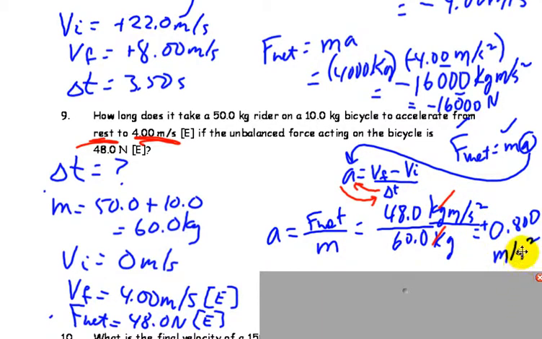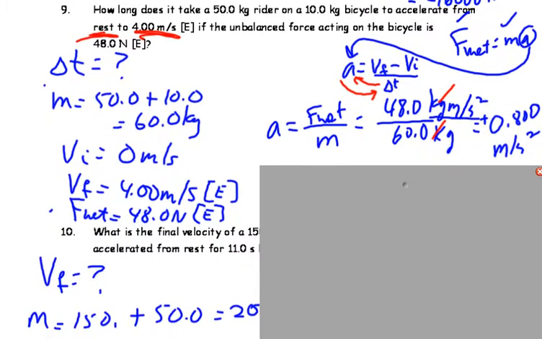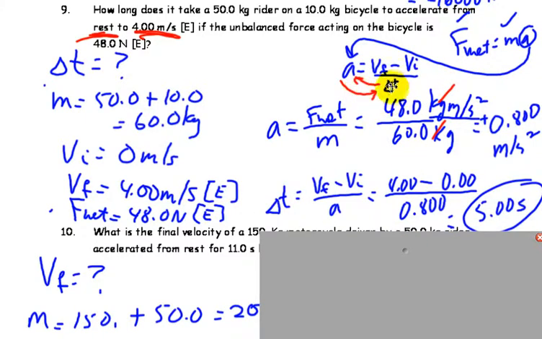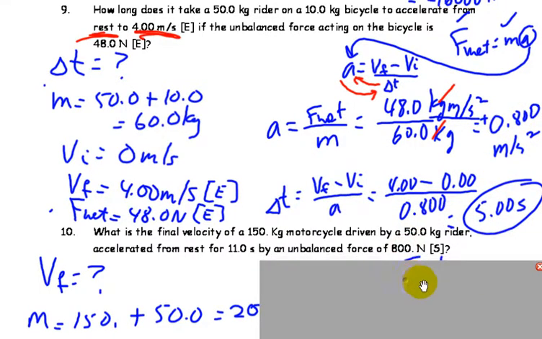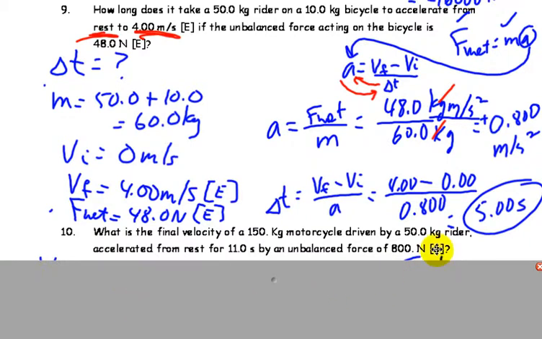Kilograms cancel, and I'm left with plus 0.800 meters per second squared. And then from there, notice how I rearrange this. Just solve for T, multiply by T, divided by A, or just think of it as interchanging. Final velocity minus initial velocity over that A, and that works out to be 5.0 seconds.